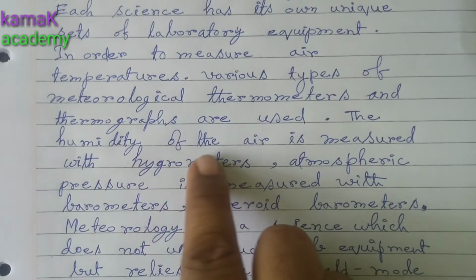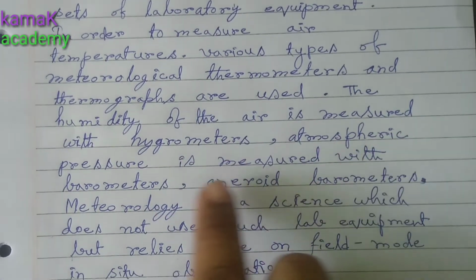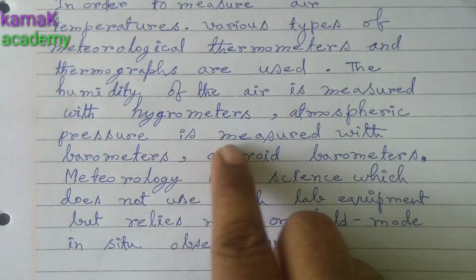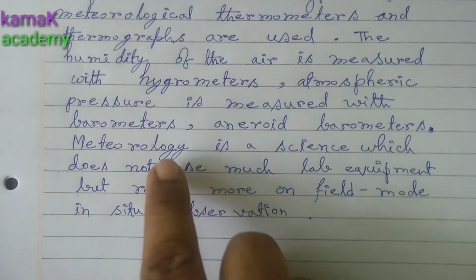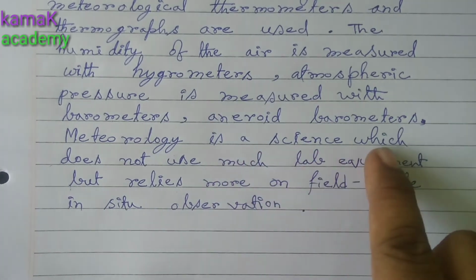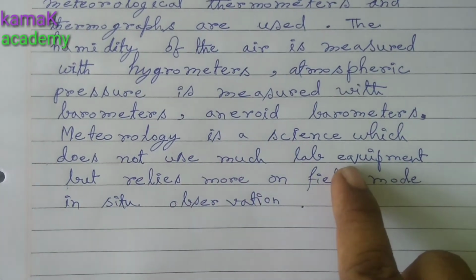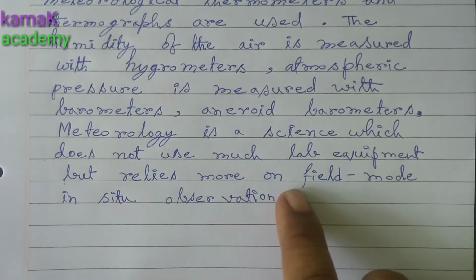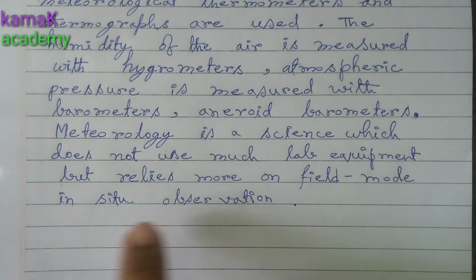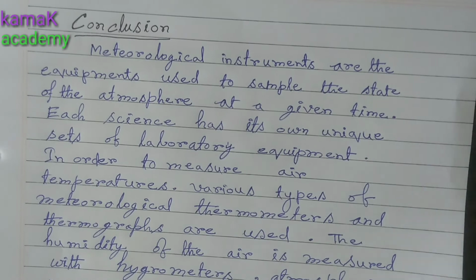The humidity of the air is measured with hygrometers, atmospheric pressure is measured with barometers, aneroid barometers. Meteorology is a science which does not use much lab equipment but relies more on field mode in situ observations. Come to next page.